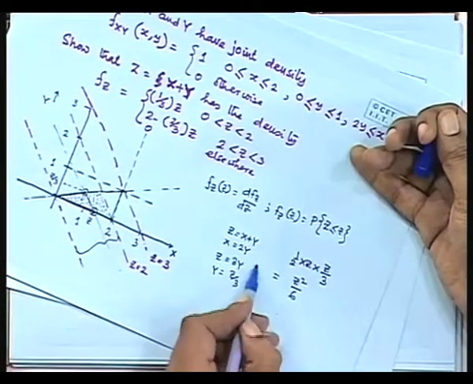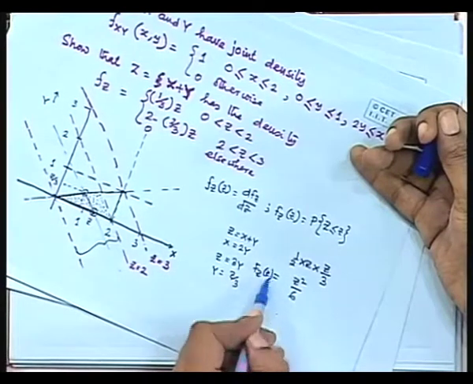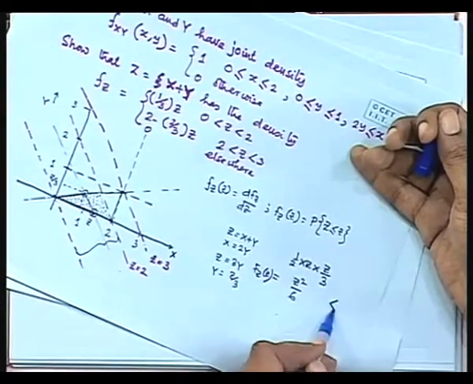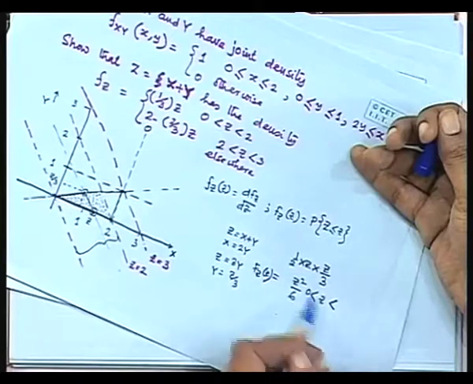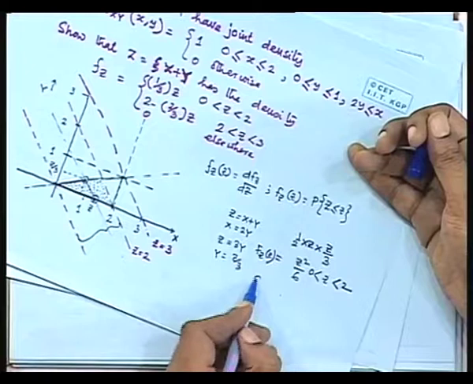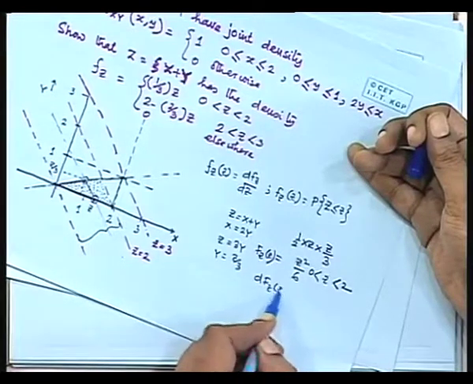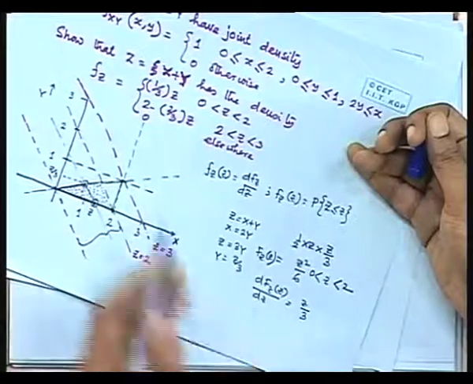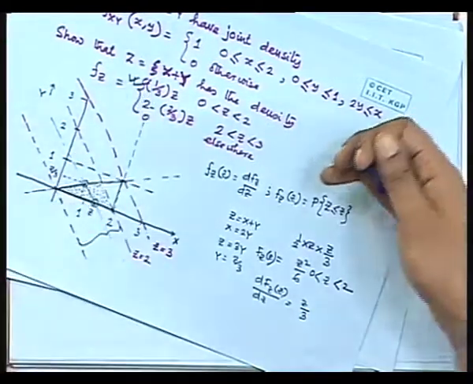That is equal to F_Z(z) when z lies between 0 and 2. So now what is dF_Z/dz? It is z by 3. True.